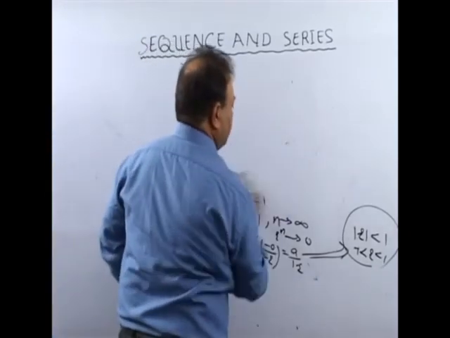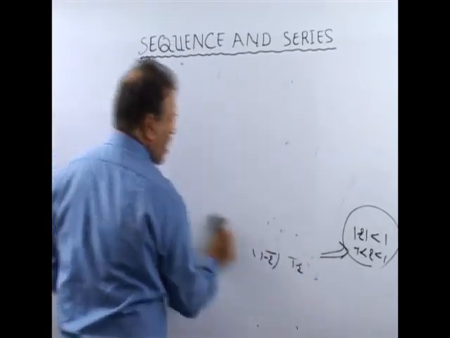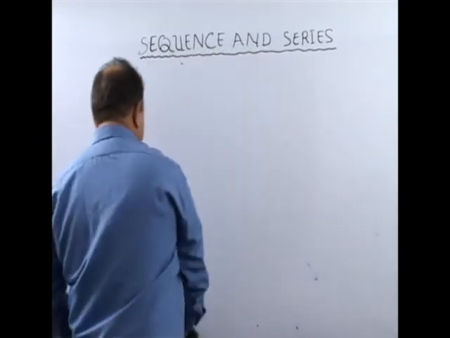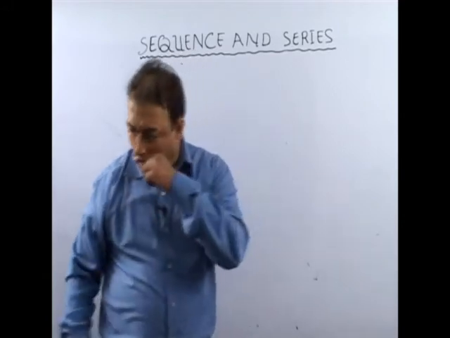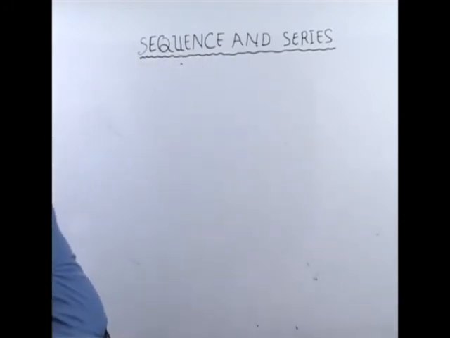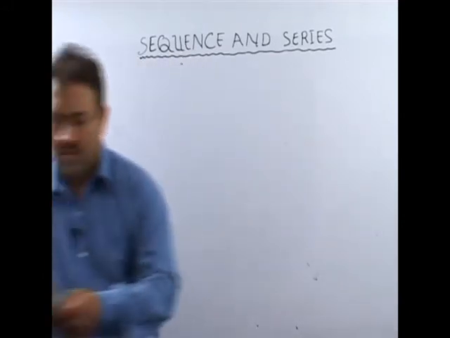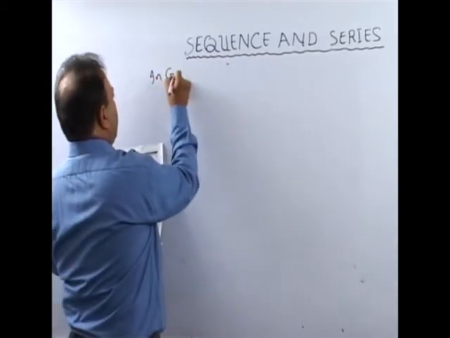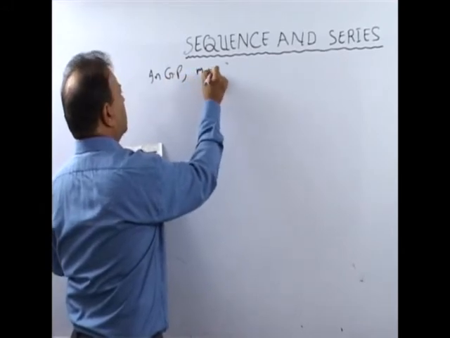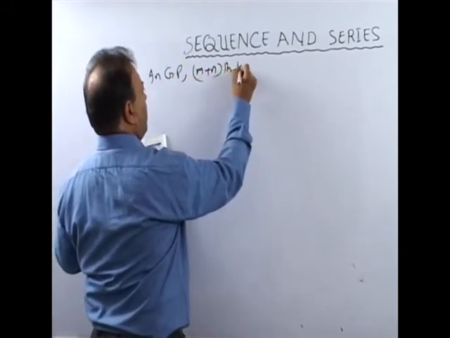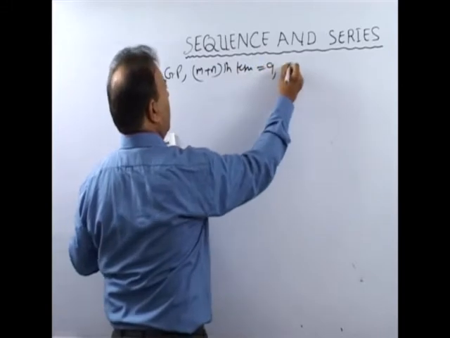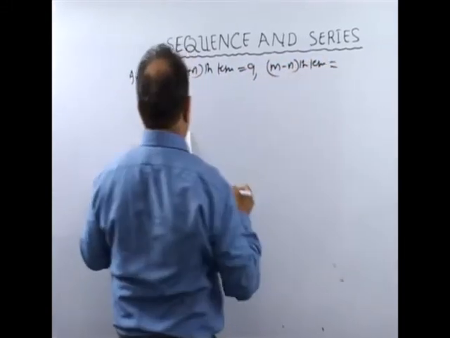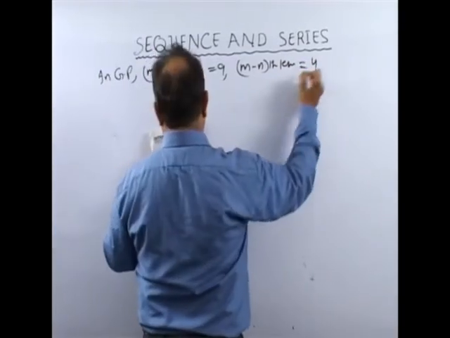The first problem I am taking from my own, and it is not a part of our booklet. The problem is: in a GP, the m plus nth term is 9 and the m minus nth term is 4.